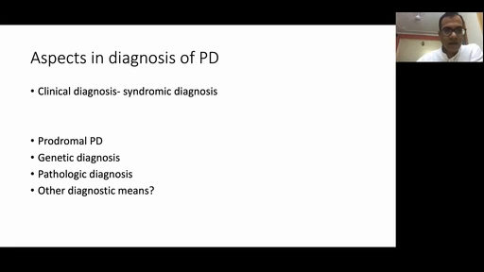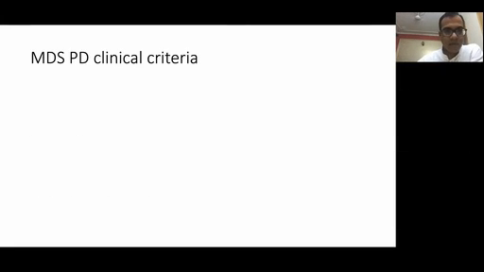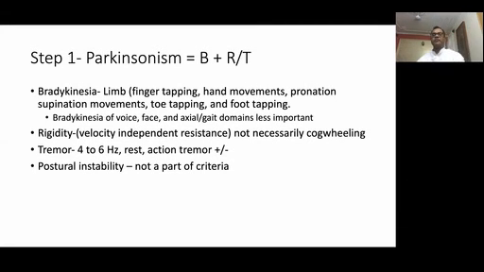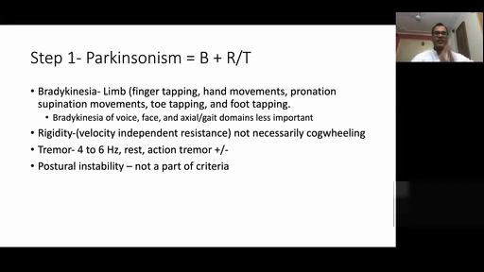Right. So the clinical diagnosis of Parkinson's disease is largely clinical, right? We have some investigations which may help us, but the whole process is largely clinical. We start with the motor first.